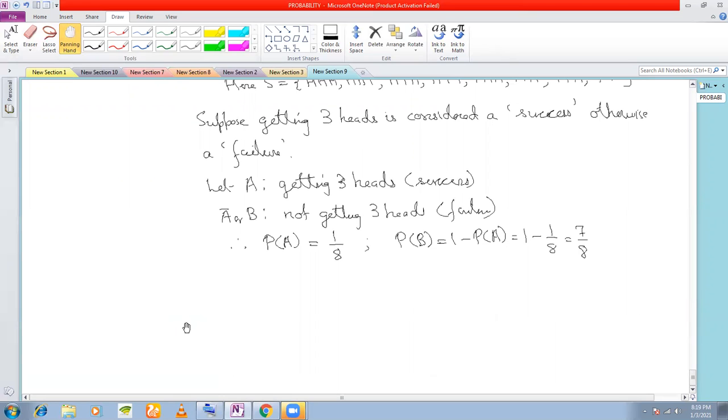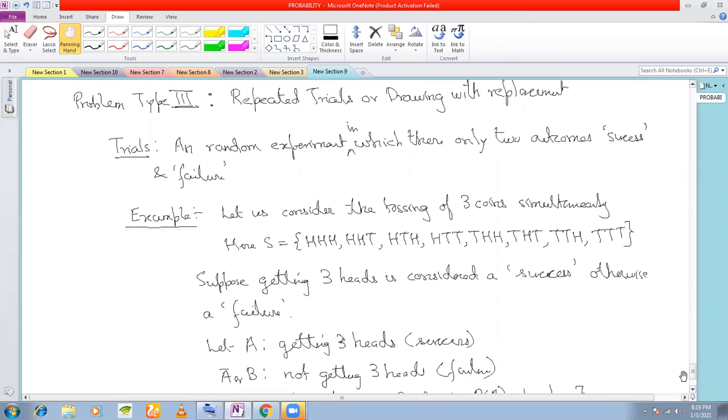Now, did you understand the concept of trial? Trial simply means success and failure. Now, I can consider getting two heads a success. Suppose I say that two heads are a success, then what will happen? What are the events that will give me success? This will give me a success, this will give me a success, this will give me a success. This is a failure, because only one head is there. This is a success.